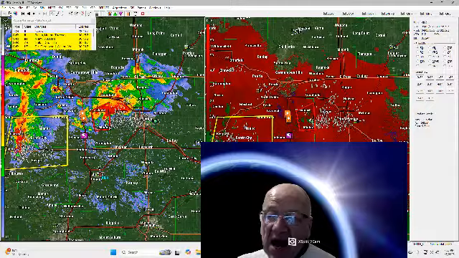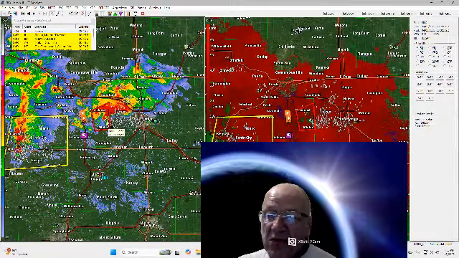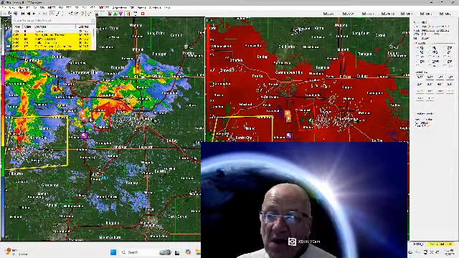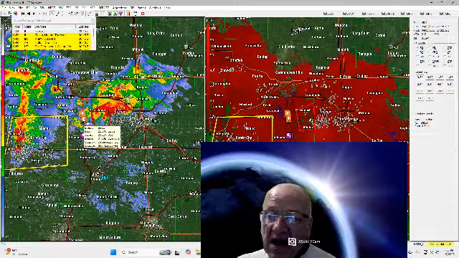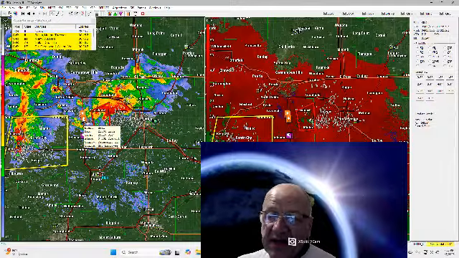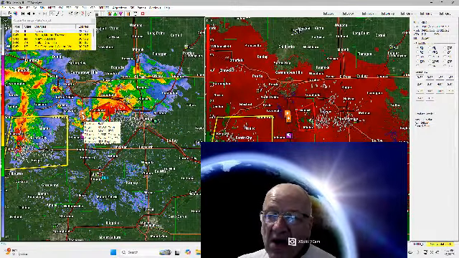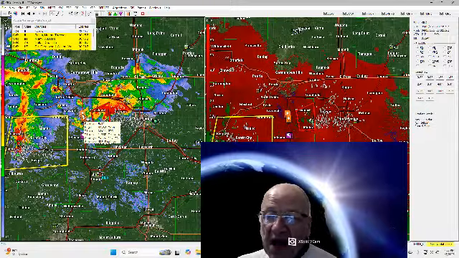And we have a report here of hail of almost an inch in diameter, a little over 3/4 of an inch in diameter. And we have here an inch of hail. This is 3 miles southeast at Tremont. And we also have another report here of almost 1 inch hail, and this is 1 mile southeast at Tremont also.